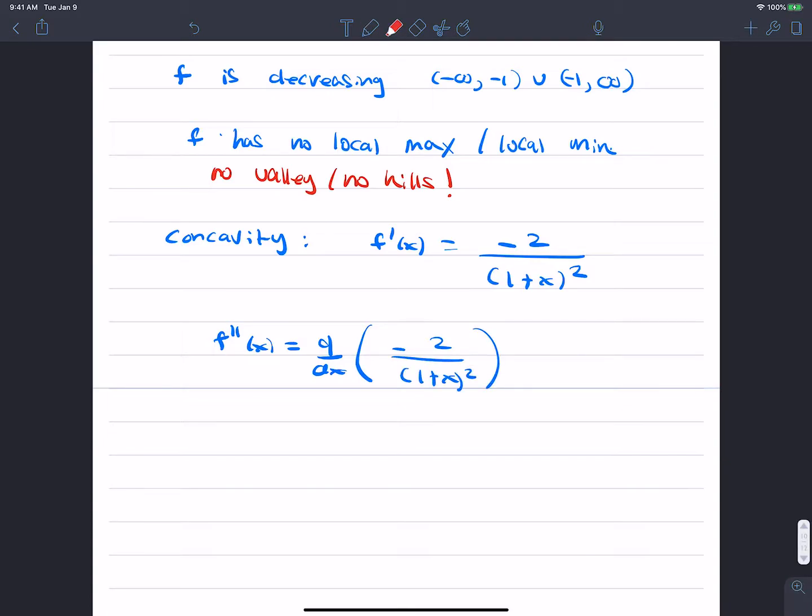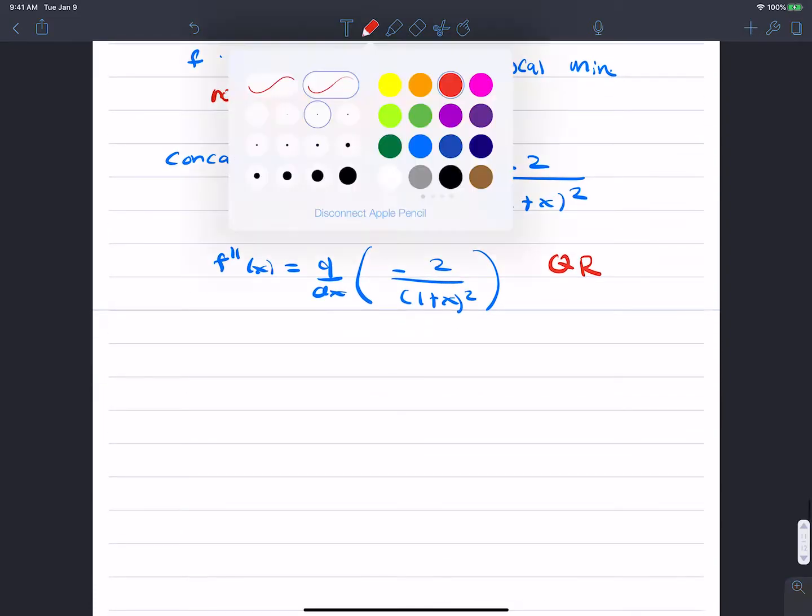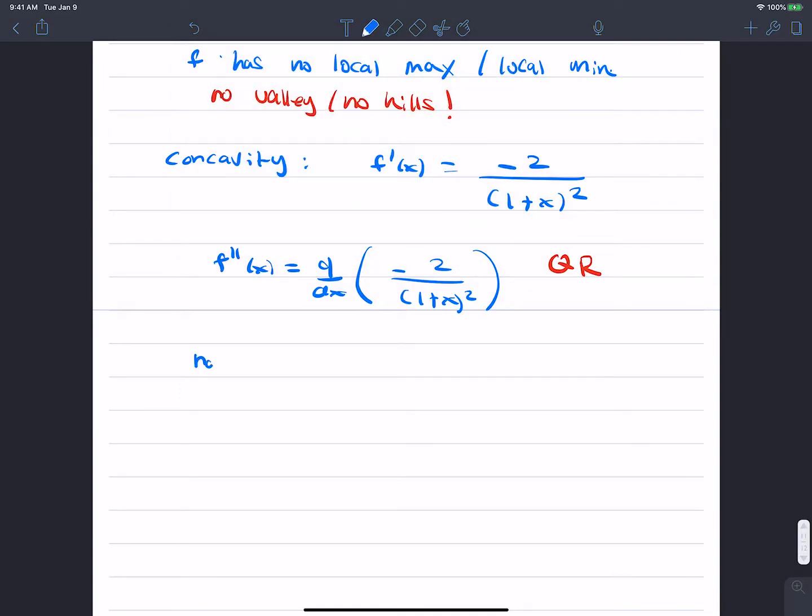So for the second derivative now, again, what rule do we use? Quotient rule. Can I use quotient rule? What about this? Let's note: what if I write my function as -2 times (1 plus x) to the -2? Can I do that?